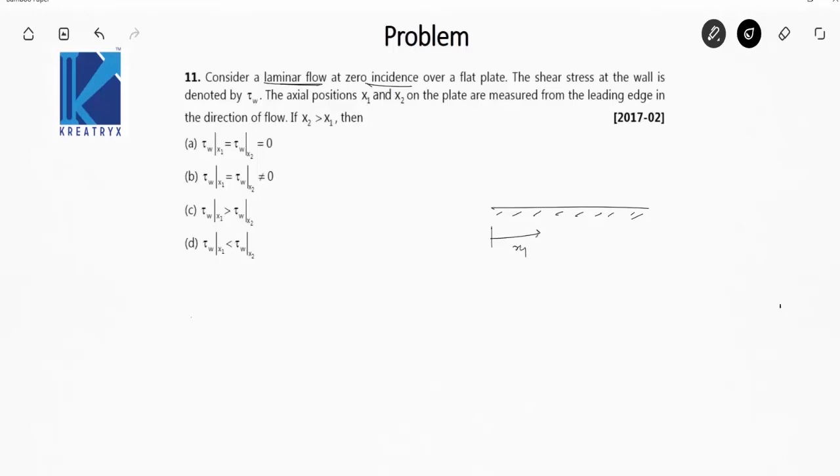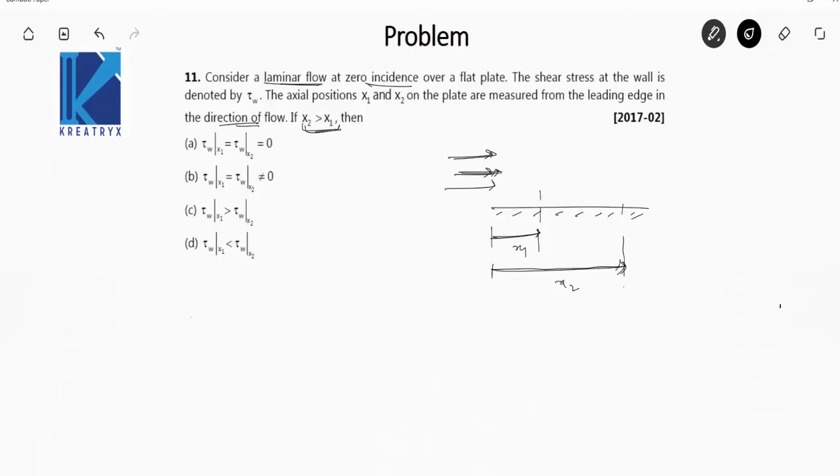Suppose the fluid is flowing in this direction, and x1 is of this length and x2 of this length. It is given that x2 is greater than x1, and we have to find the relation between the wall shear stress at x1 and at x2.